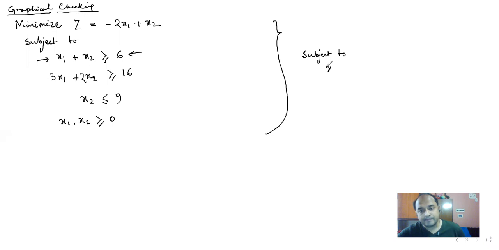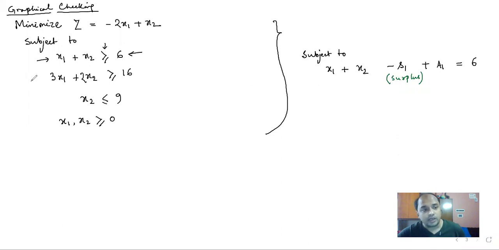Sir, x1 plus x2 minus s1. What is s1? It is a surplus variable. Then plus a1. Always a surplus variable is associated with an artificial variable. So x1 plus x2 minus s1 plus a1 equals 6.